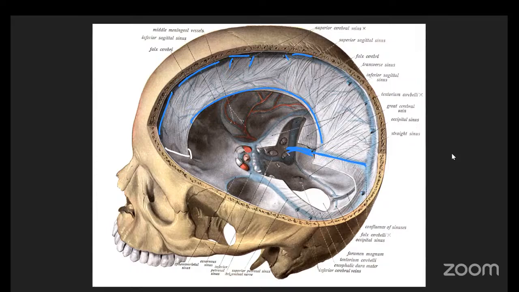I'm sure you all can appreciate this is the anterior cranial fossa. This portion, let me draw. This portion is the anterior cranial fossa, right? And from here, where we have the sphenoparietal sinus, this is also demarcating. What is this demarcating?